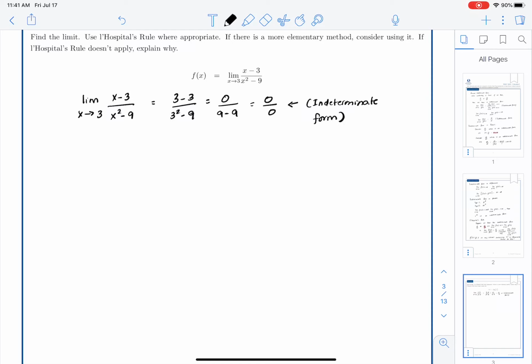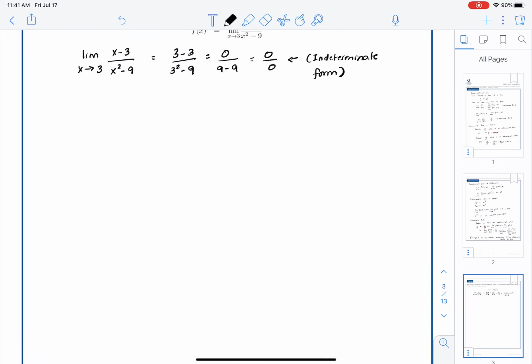So they're asking if there is a more elementary method to evaluate this limit, and if there is one, they want us to use that also. I'm going to demonstrate both.